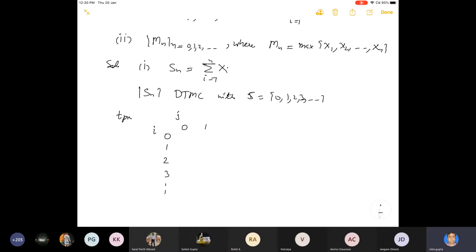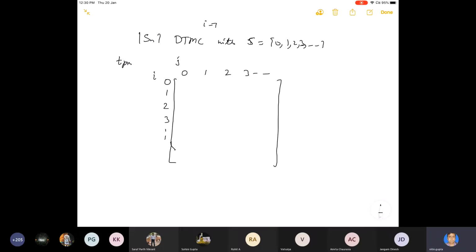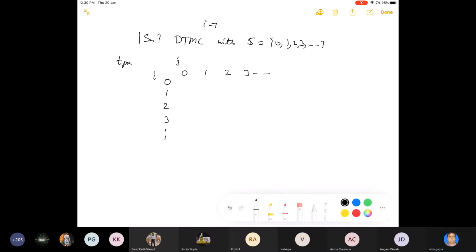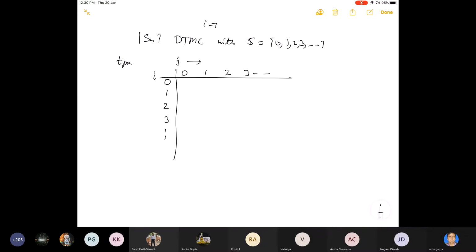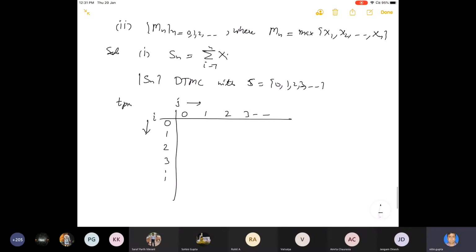Similarly j. Now Pij is basically probability Xn plus 1 is equal to j given Xn is equal to i.